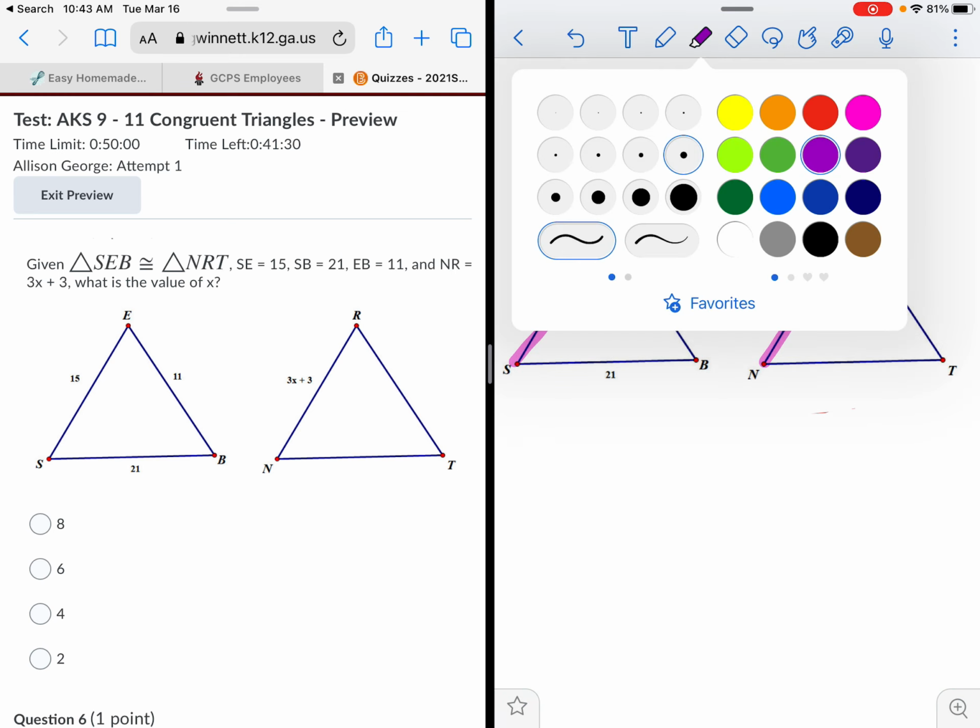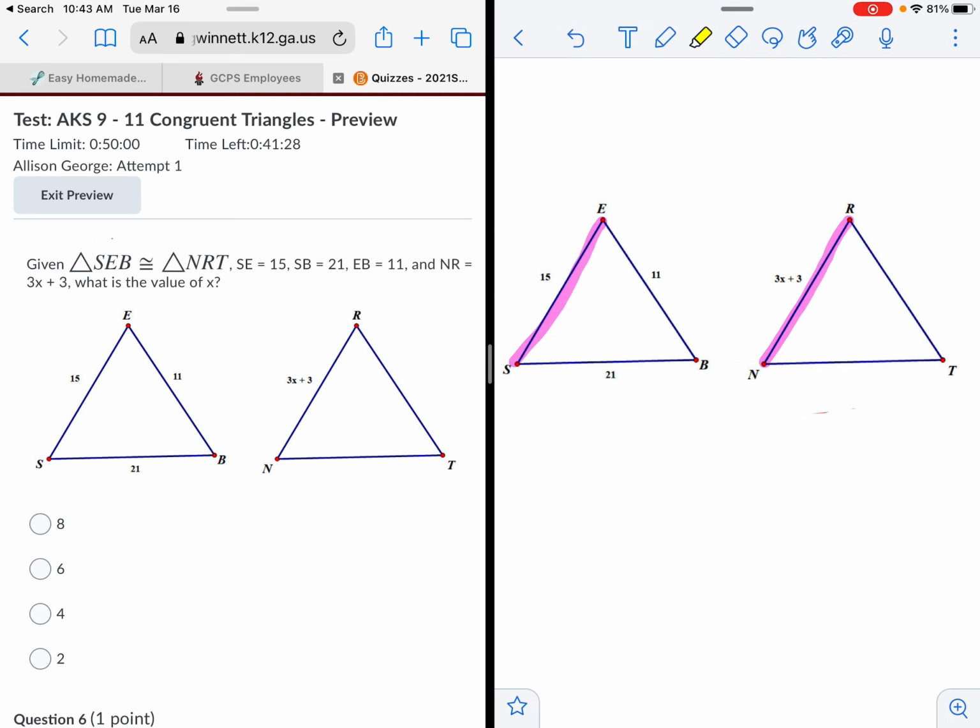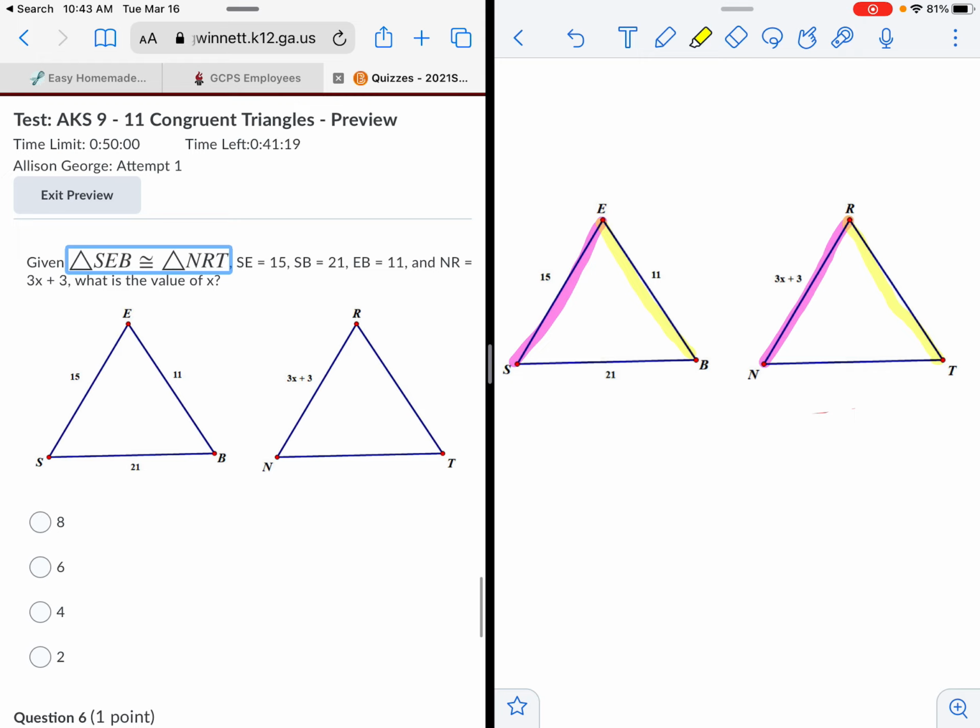EB must correspond with RT. And again, I'm just going in order as they're listed here. SE, NR, and EB, RT. And the last one I'll do is BS corresponds with TN. So now we can easily see which sides match up and should be congruent.